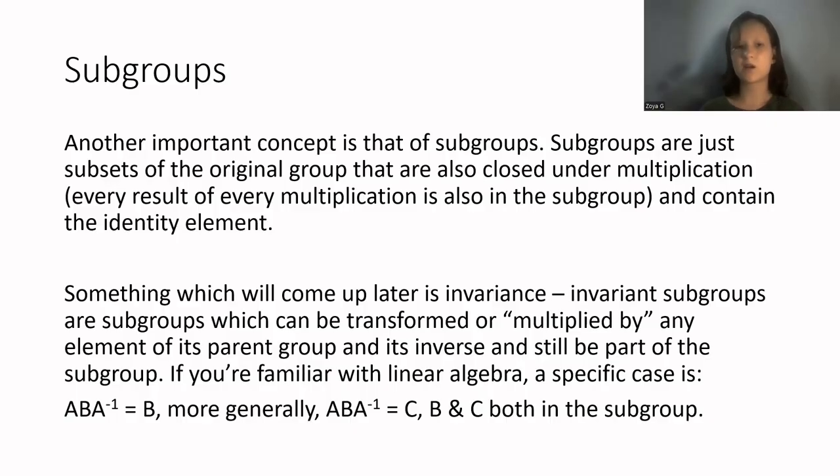Invariant subgroups are subgroups which can be transformed or multiplied by any element of its parent group and its inverse and still be part of the subgroup. If you're familiar with linear algebra, a specific case is A inverse B A is equal to C. So more generally, in our case, it would be A inverse B A equals C, where both B and C are in the subgroup under consideration, right?